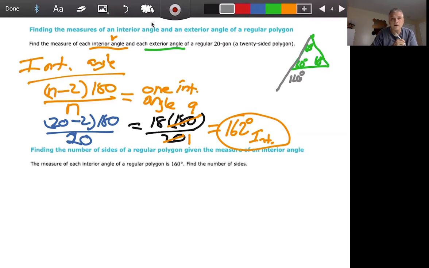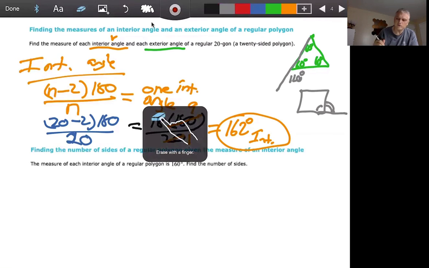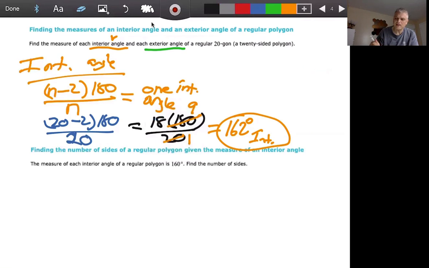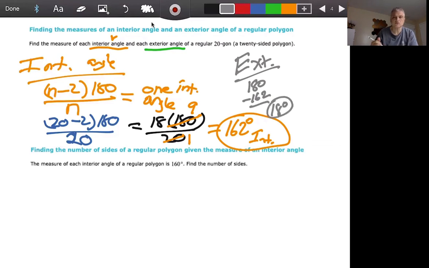They're a linear pair. I wonder if that's true for quadrilaterals, like squares. If I extend this side, do the interior and the exterior angle form a linear pair? Yeah, they do. Okay, so once you find that interior angle, all you have to do to find the exterior angle is say, I know that they are a linear pair, so 180, subtract 162, 18 degrees, okay?